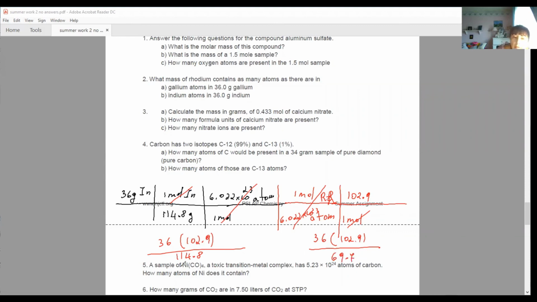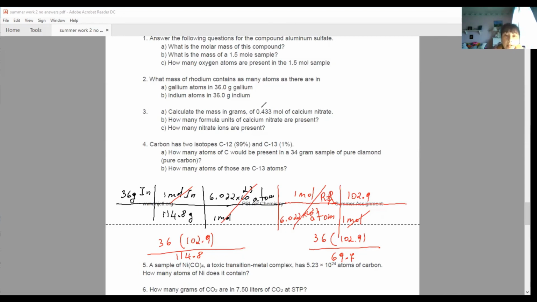So the only thing that changes is this number here. 36 times 102.9 divided by 69.7, like we said, we have 53.1. And for the other one, it is 36 times 102.9 divided by 114.8, and we have 32.3. Those are the answers for that.